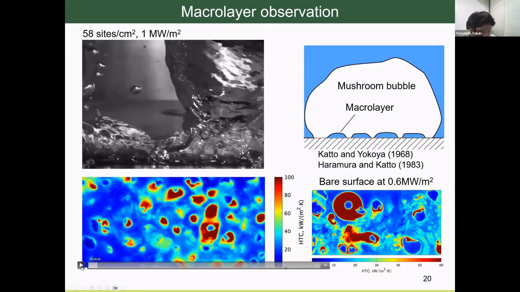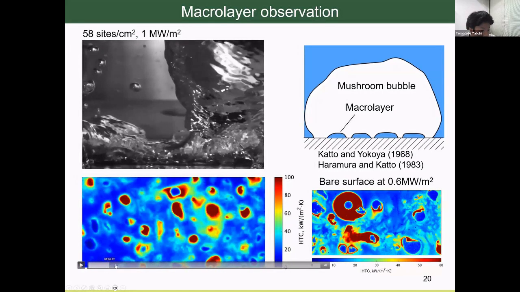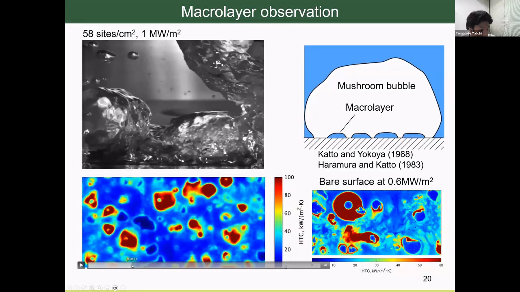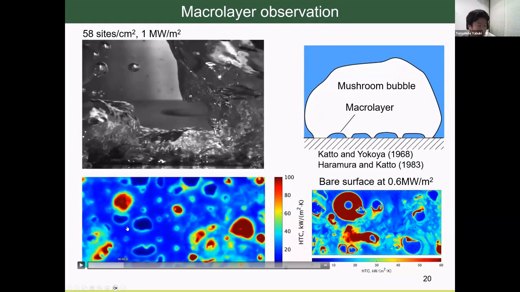And so here is the wetting, and this liquid layer region uniformly shows a low heat transfer coefficient compared to the general convection region. This liquid layer region is considered to be a microlayer created through bubble coalescence.